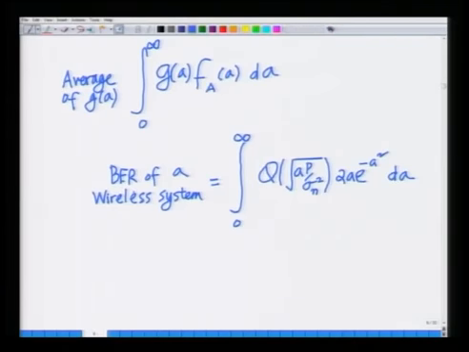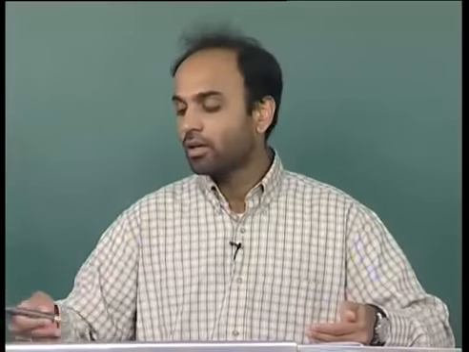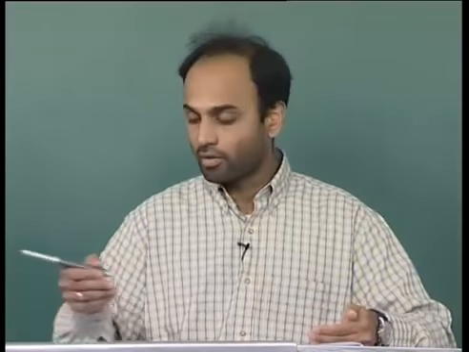So, let me write this as the average BER, because remember, bit error rate is not an instantaneous statistic, but an average quantity. That is, if you look across large blocks of bits and different instantiations of the wireless channel and compute the average bit error rate, that is the correct bit error rate for this system.